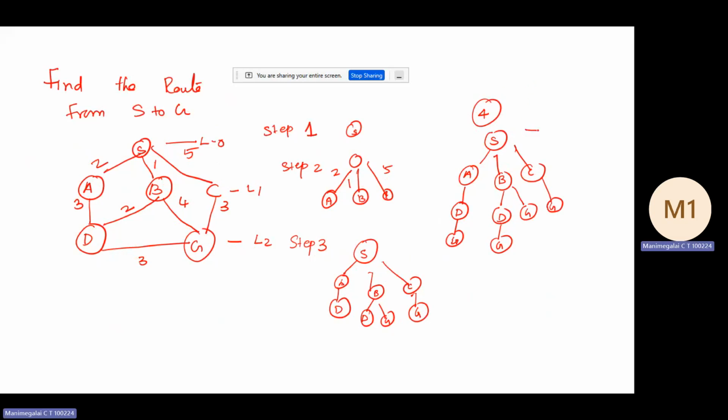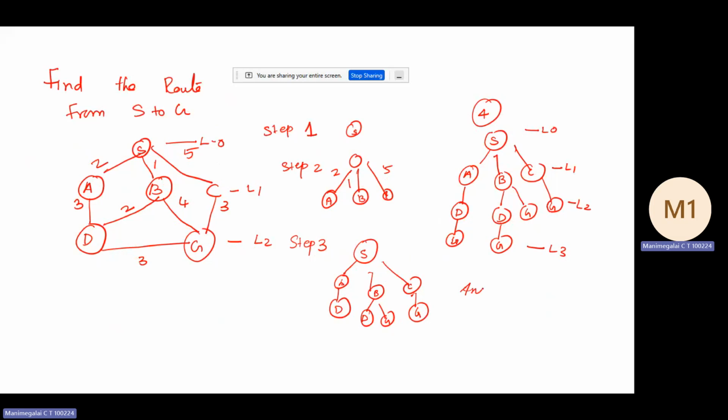Now if you are marking level 0, level 1, level 2, and this is level 3. Now if you see, all have connected to the goal. So which are the two goals which are important? Here, the goal which is attained earliest is the minimum goal.